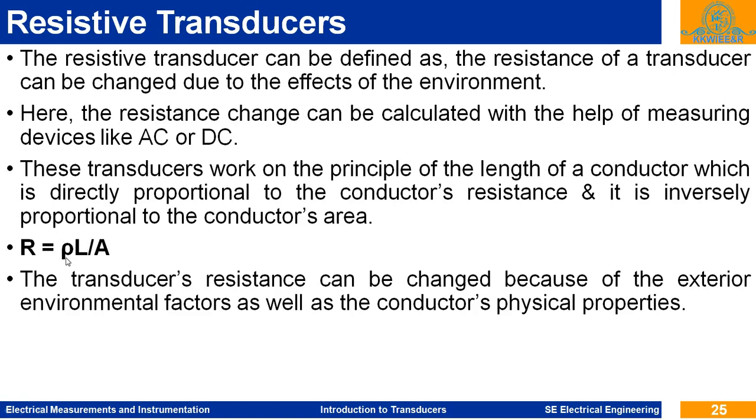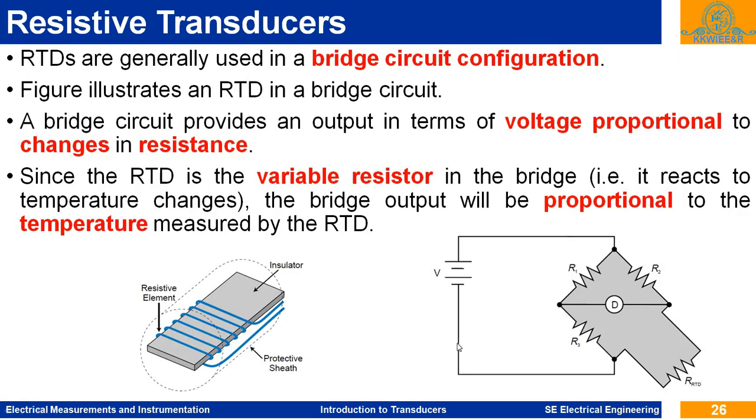It remains constant, but with a change in the length or the cross-sectional area of that conductor, there is a change in the resistance. The transducer's resistance can be changed because of exterior environmental factors as well as the conductor's physical properties, and that change is measured in terms of resistance.